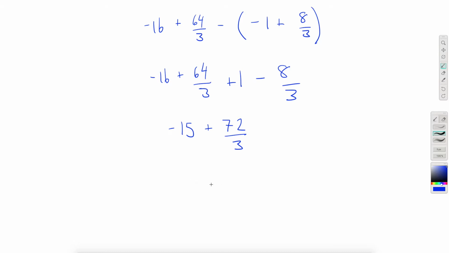Which is going to give you 45 on 3 plus 72 on 3. Oh no. Which is going to give you 117 on 3. Something's gone wrong. That equals 39.